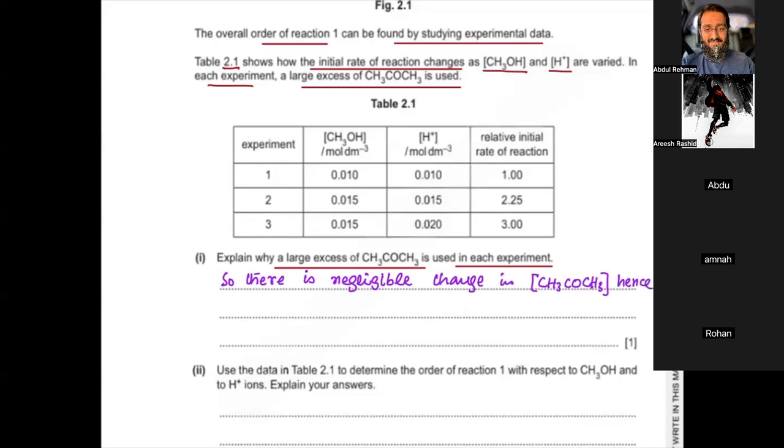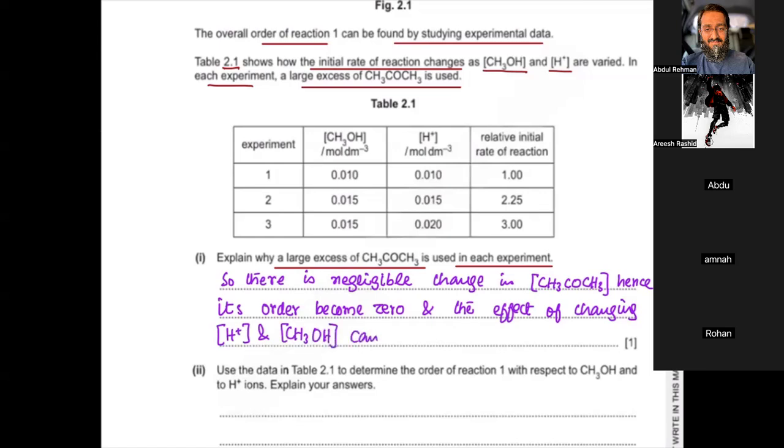Hence, its order becomes zero, and the effect of changing concentration of hydrogen ions and the concentration of methanol can be studied.